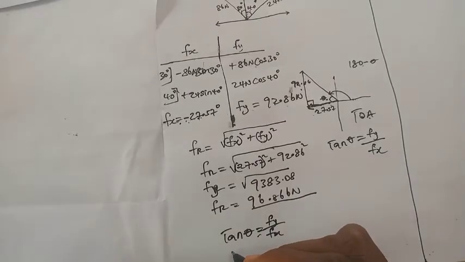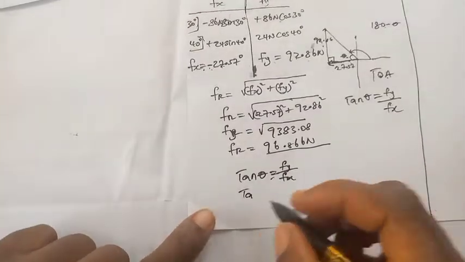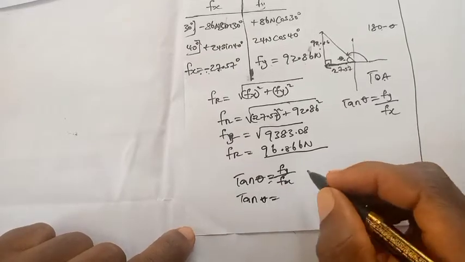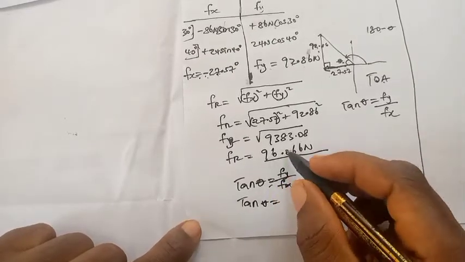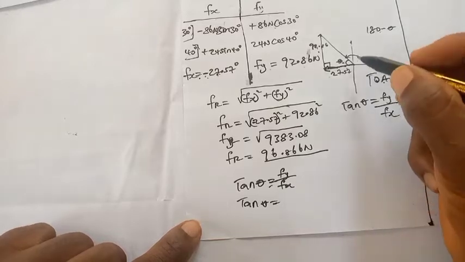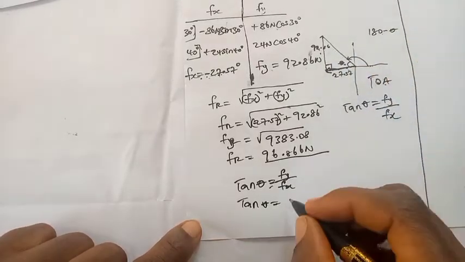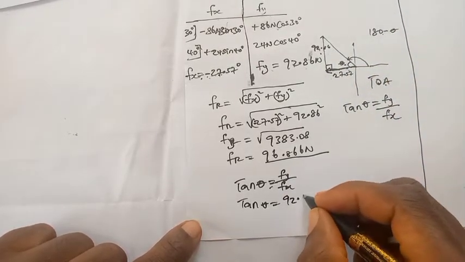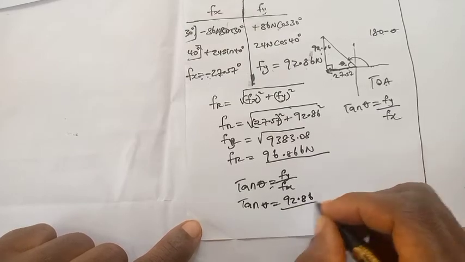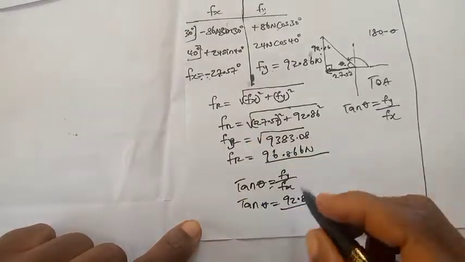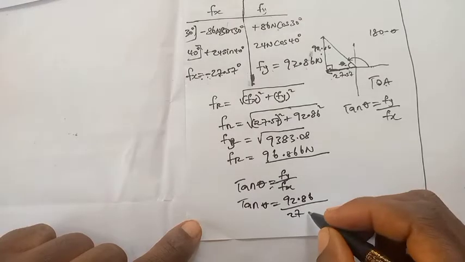So we're going to have tan theta equal to f of y, which is 92.86. Now don't worry about the negative sign for this 27.57, it doesn't matter.